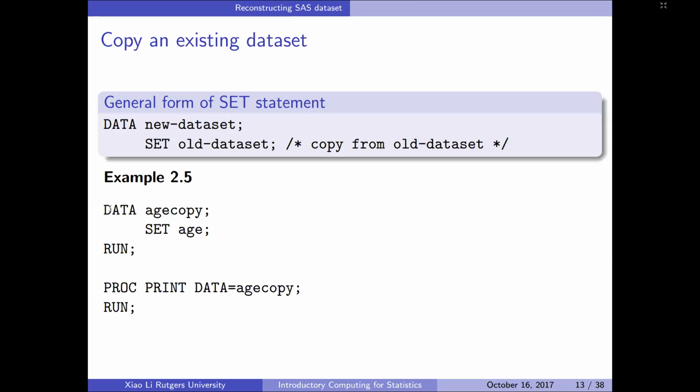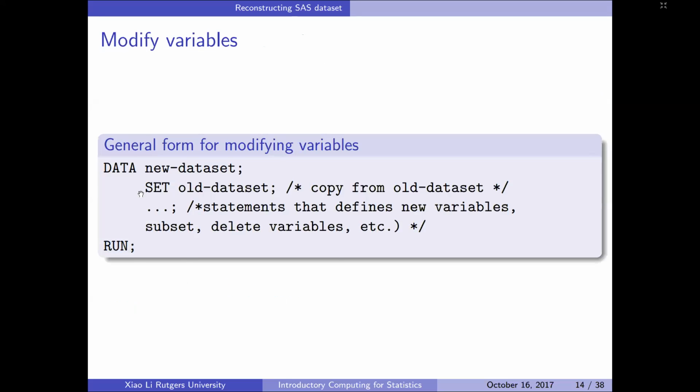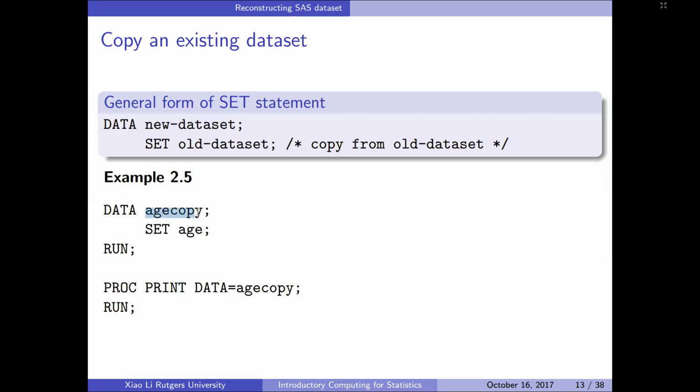Here is a very simple toy example. We create a new data set called age copy, and we set the old data set called age. Here, the age copy data set is exactly the same as the old age data set. So if you do nothing after the set statement, you just copy a new copy of your old data set.